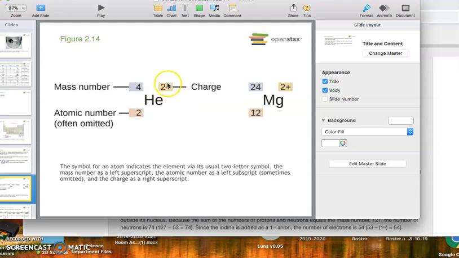It just indicates that you have basically 2 more protons, positively charged particles, compared to electrons. Same thing for this example here, this isotope of magnesium 24 has an atomic number of 12, and it has a +2 charge, meaning that it has 2 more protons compared to electrons.